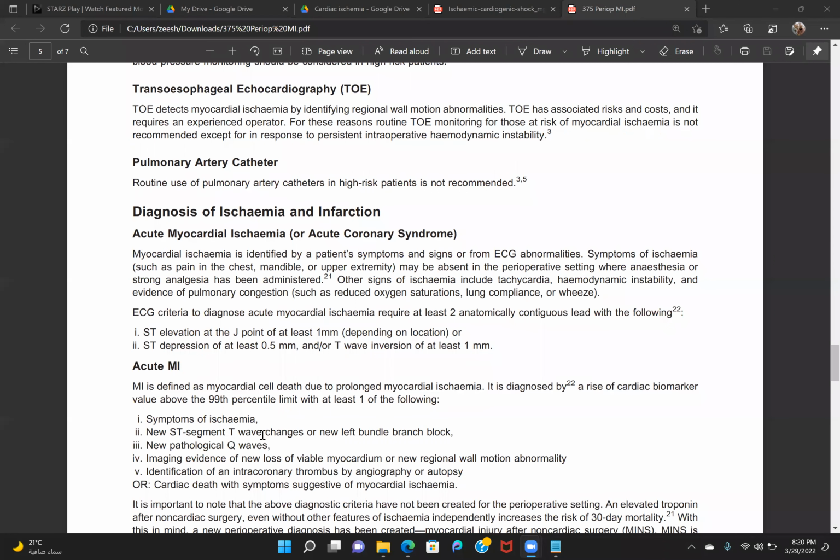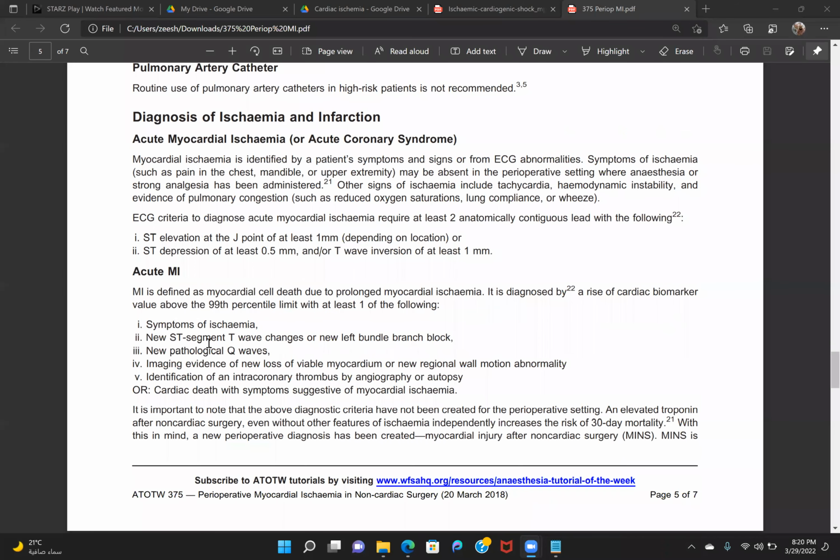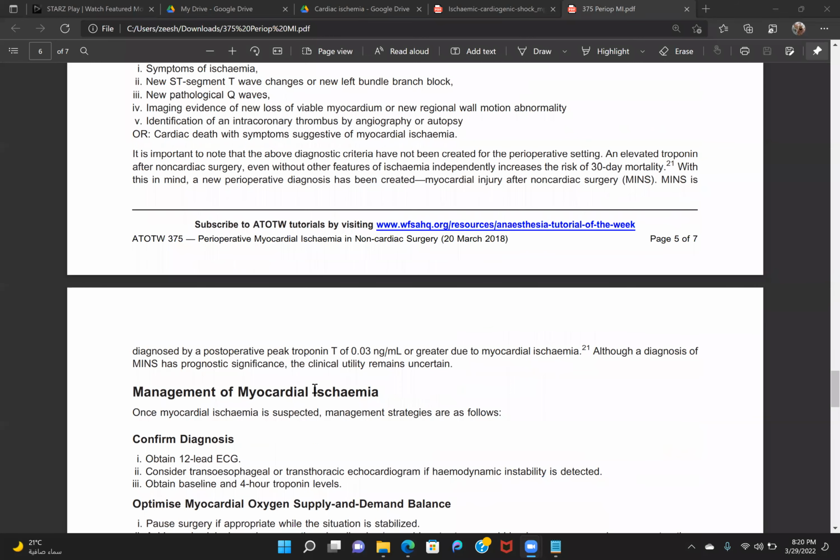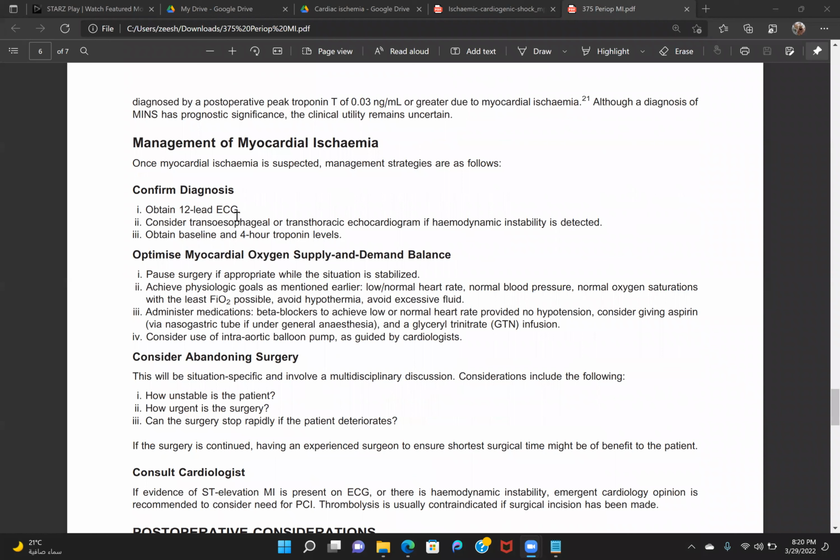In acute MI, in addition to those things, there may be ST elevation, and Q waves, though they will not be that acute.